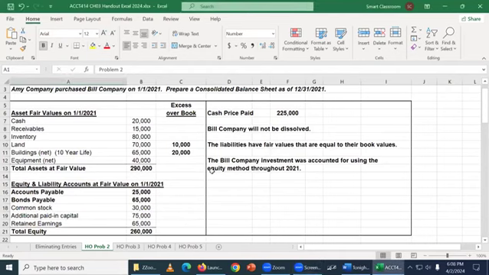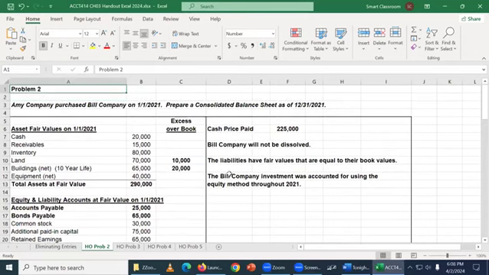All right, so this is the problem, I think it's on page 2.